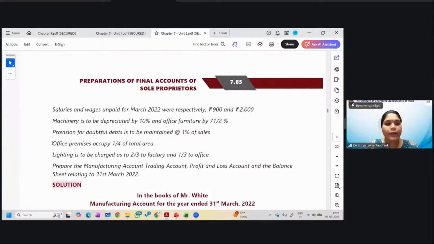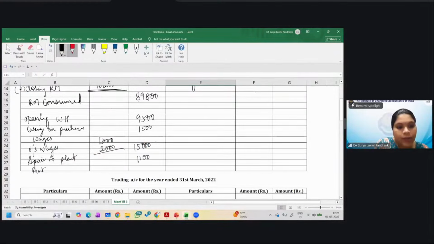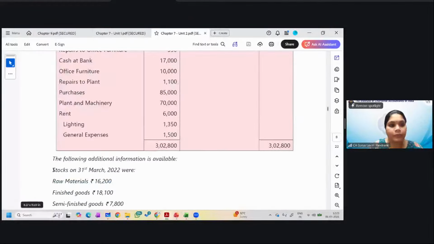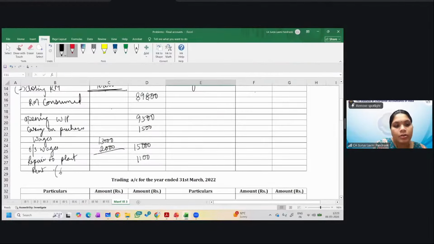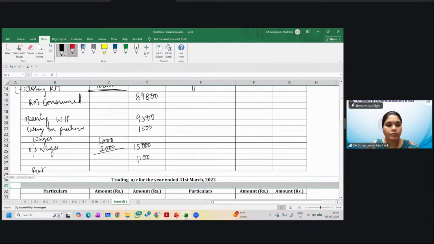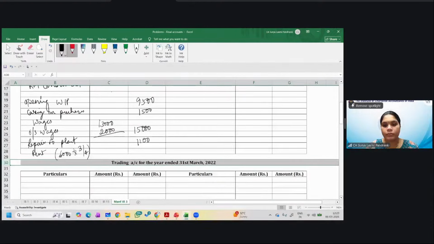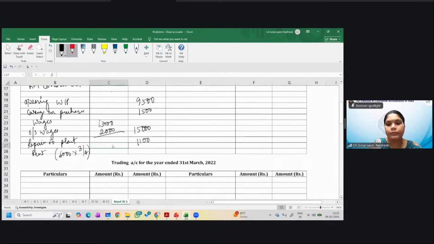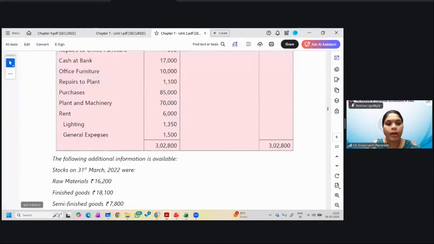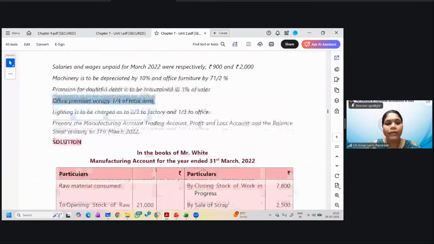Now for rent, what did they tell you? Office premises will occupy 1/4, which means out of rent, 3/4 can be taken up here. Correct? 6,000 into 3/4. Agreed, everyone? How much is the value? 4,500. Okay. And lighting also, they told you some breakup.